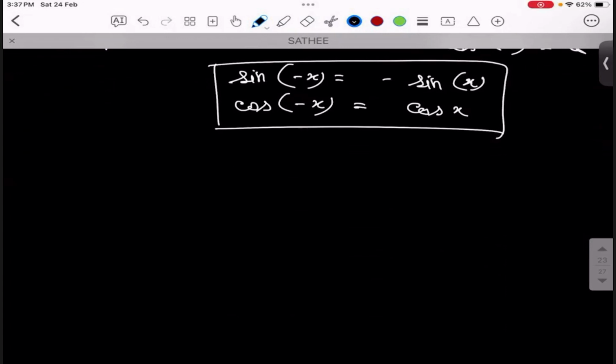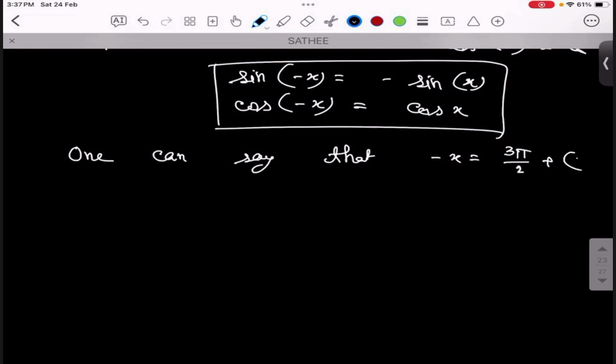So one can say that minus x is nothing but 3 pi by 2 plus pi by 2 minus x.